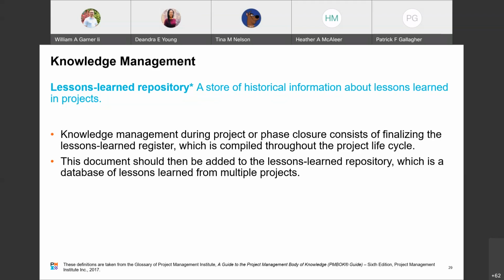I think every organization, maybe at the VP level, maybe at the director level, maybe at the AM level, depending upon how many resources are available, has a place where we do things. Maybe it's our own program. But just for the purpose of the PMP, there is such a thing as a lessons learned repository, and it's a store of historical information about lessons learned in projects. It's a place where all the lessons learned go to sit and be referenced.